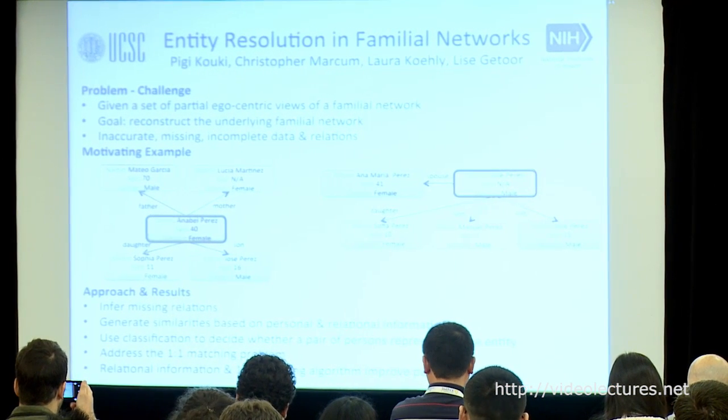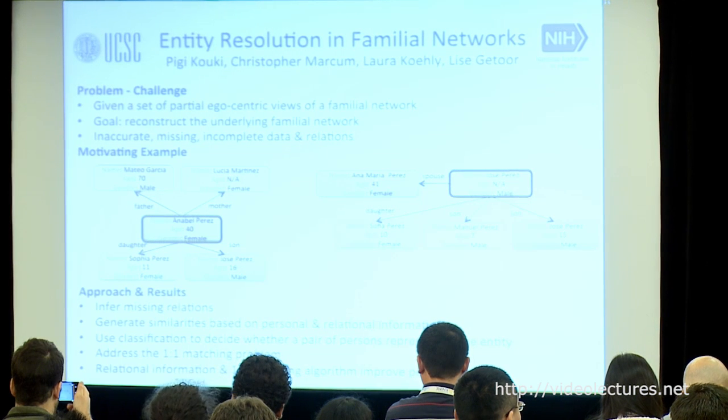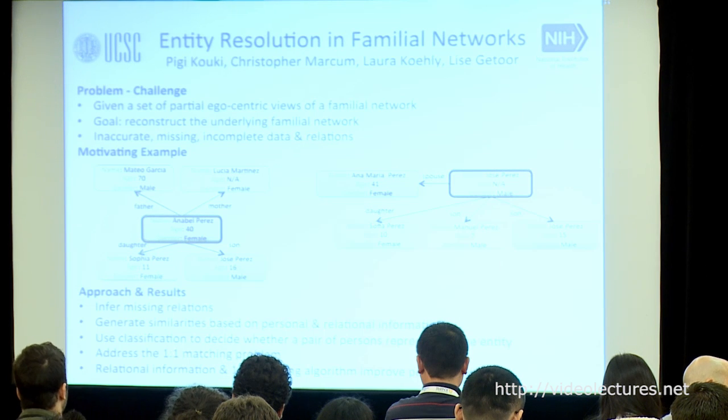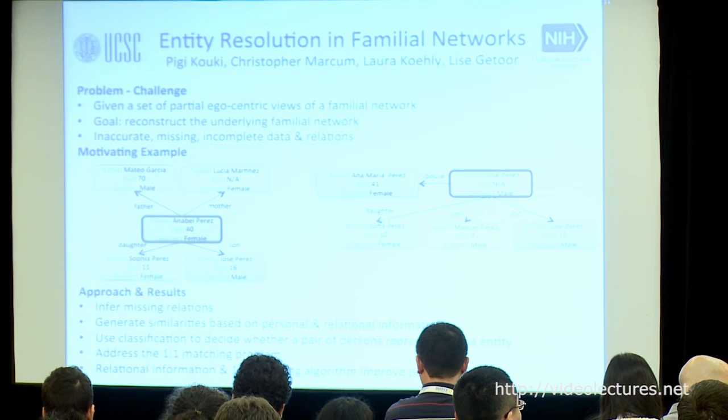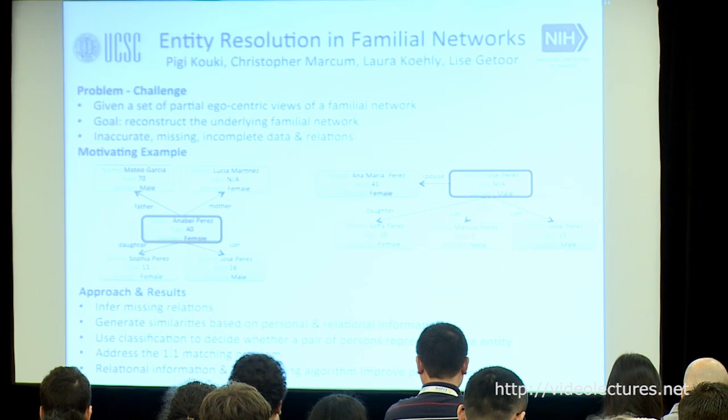Here we see a motivating example where we have two partial egocentric views. One is from the point of view of Annabel Perez and the other from Jose Perez. Our task is to identify that persons in the same colors represent the same entities. White boxes do not match across trees. In our approach, we first infer missing relations.